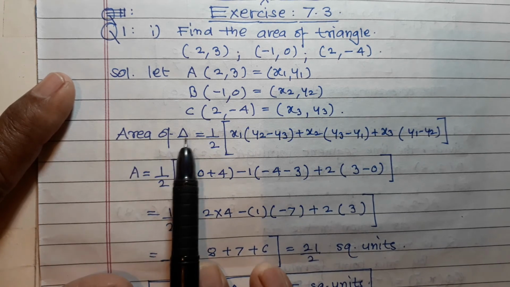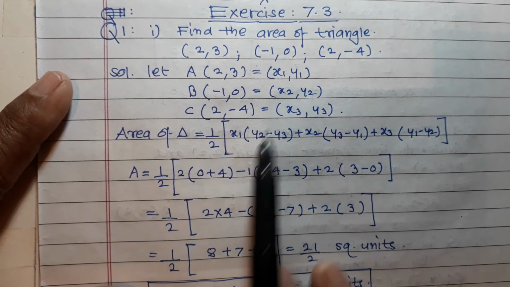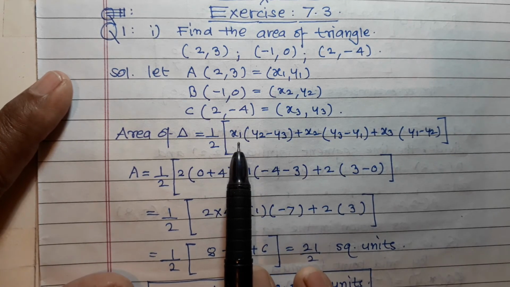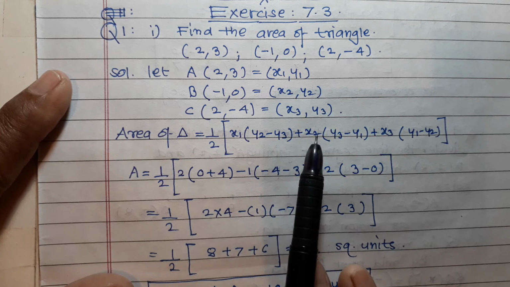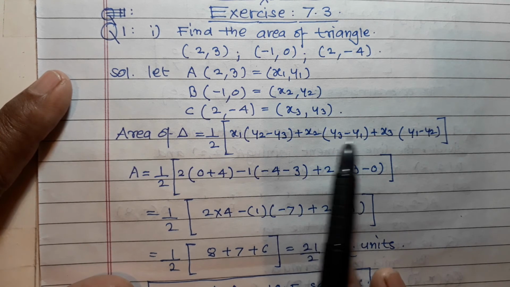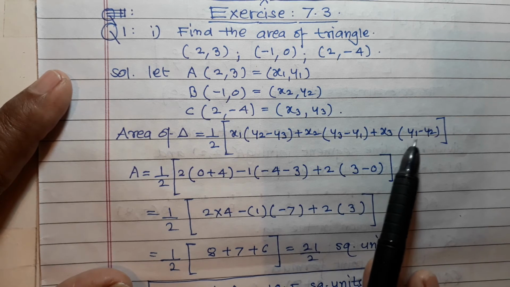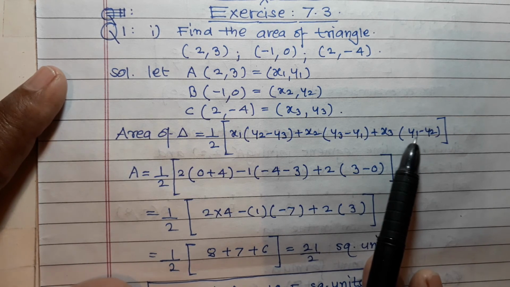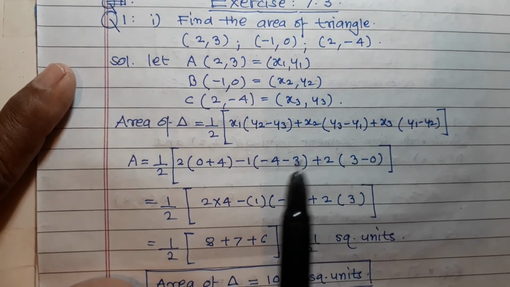So area of triangle is equal to 1/2 [x1(y2 minus y3) plus x2(y3 minus y1) plus x3(y1 minus y2)]. Here the sequence is important. So remember this formula, this is very important.